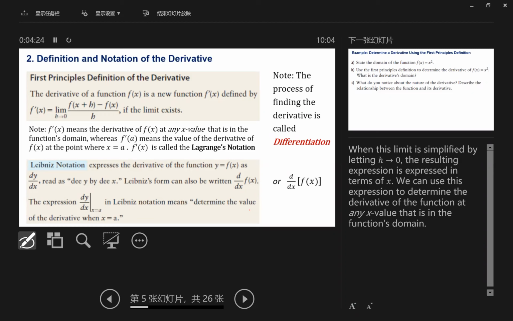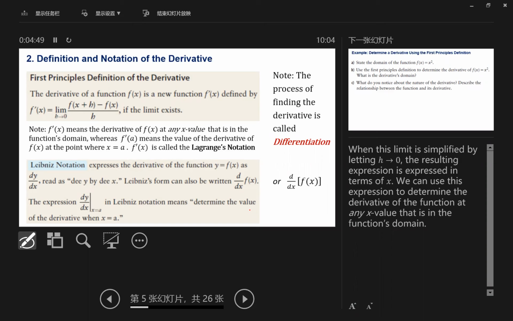So note that f prime of x means the derivative of f(x) at any x value that is in the function's domain, whereas f prime of a means the value of the derivative of f(x) at the certain point where x equals a. Okay, you should be able to tell the difference.